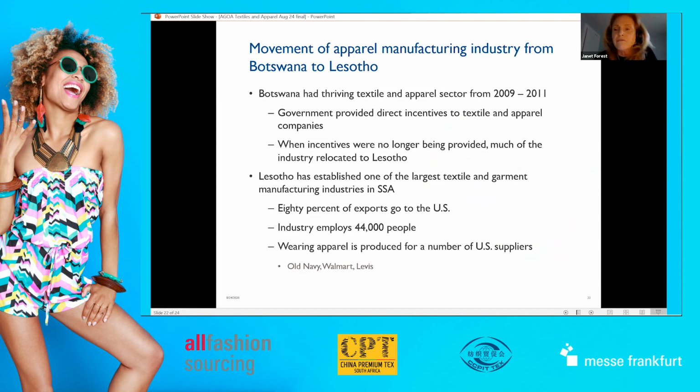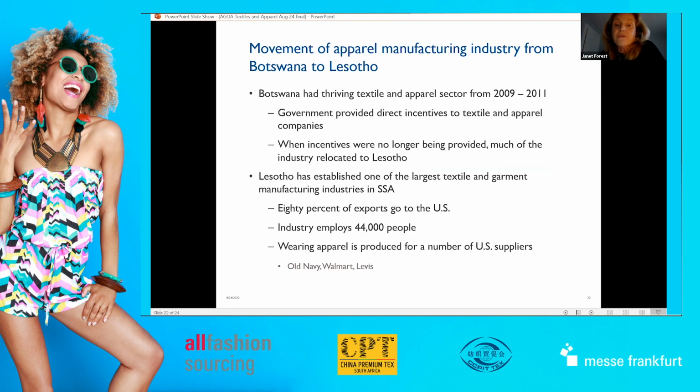A little bit about Botswana and Lesotho. Botswana had a big textile and apparel sector earlier, during the time period when the government provided direct incentives to textile and apparel companies. But once those incentives went away, a lot of the industry relocated to Lesotho.